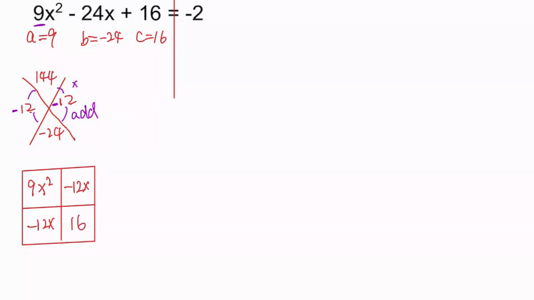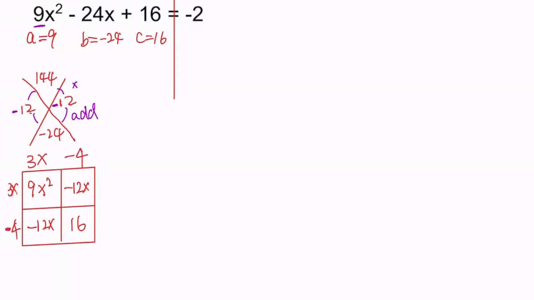And then 9x squared, which two terms multiplied together give 9x squared? It's 3x times 3x, right? And then you figure out the number times 3x that is equal to minus 12x here. So it must be negative 4, because 3x times negative 4 is equal to negative 12x. And so that's this side, negative 4.